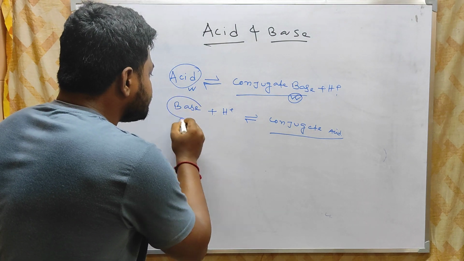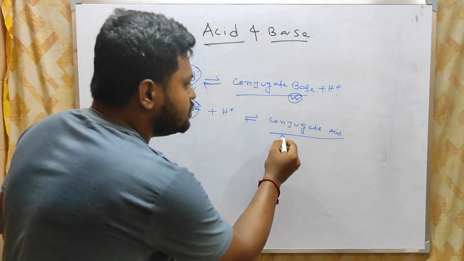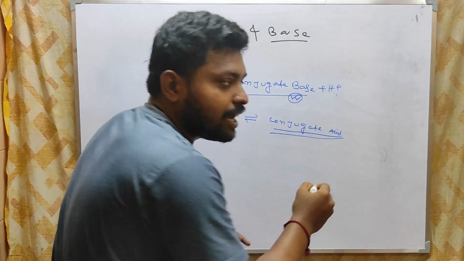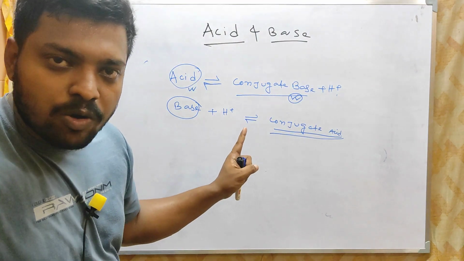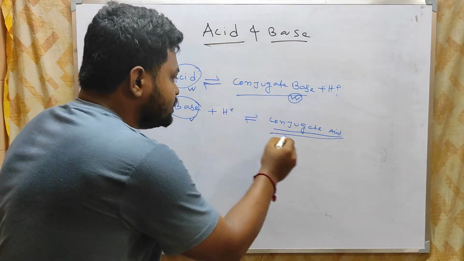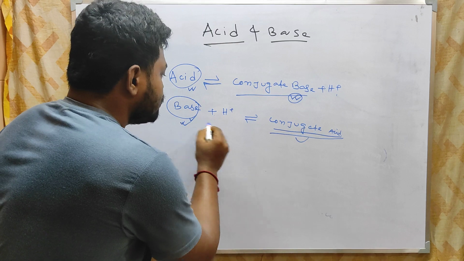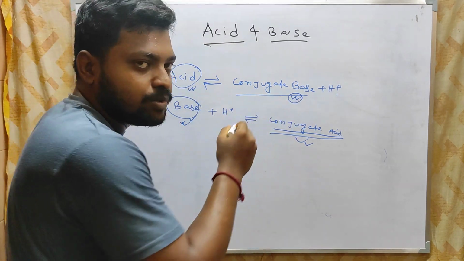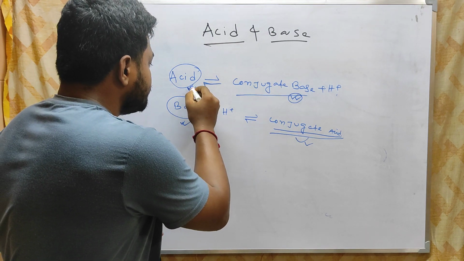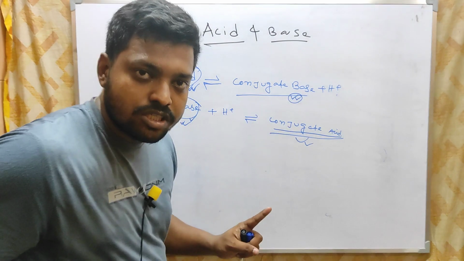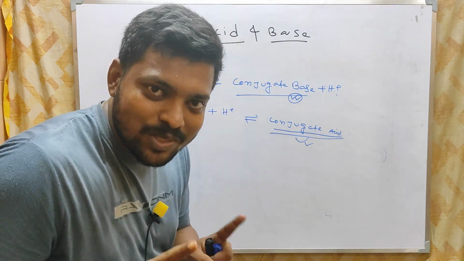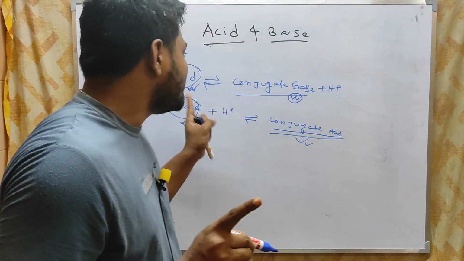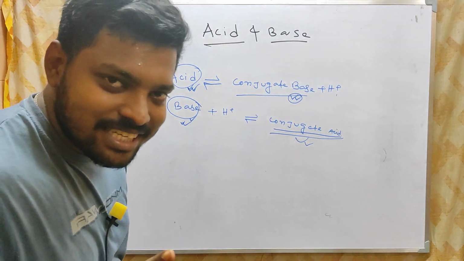If this base is weak, the conjugate acid formed is strong. Similarly, if this is strong, this will be weak, and if this is weak, this will be strong. I hope you understand conjugate base and conjugate acid.